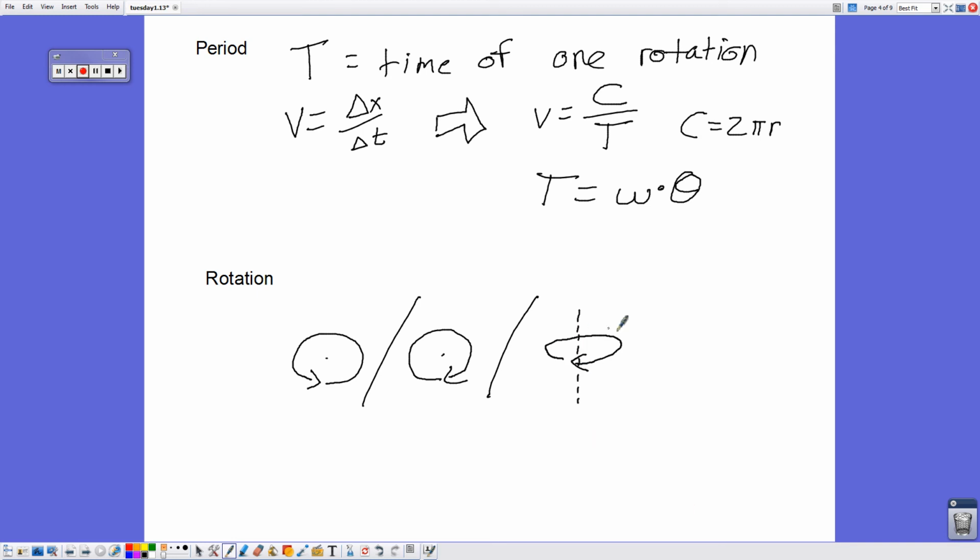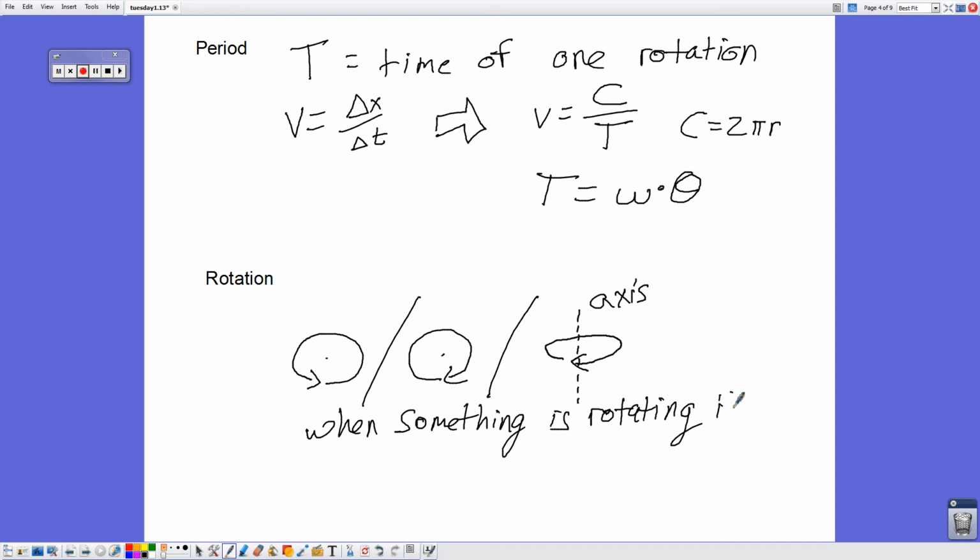Where this is rotating clockwise in some plane that isn't straight up and down, where my dotted line represents my axis of rotation. What this means for us: when something is rotating, it wants to keep rotating the exact same way.